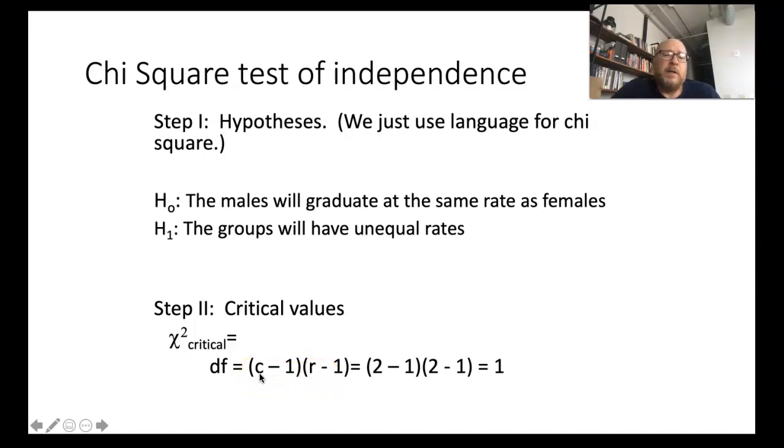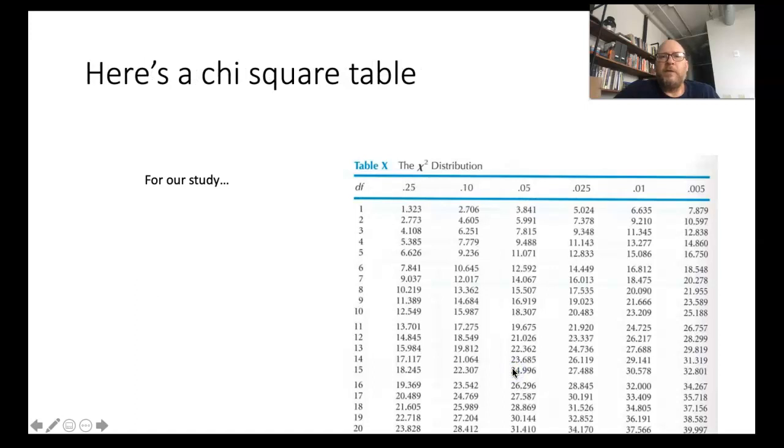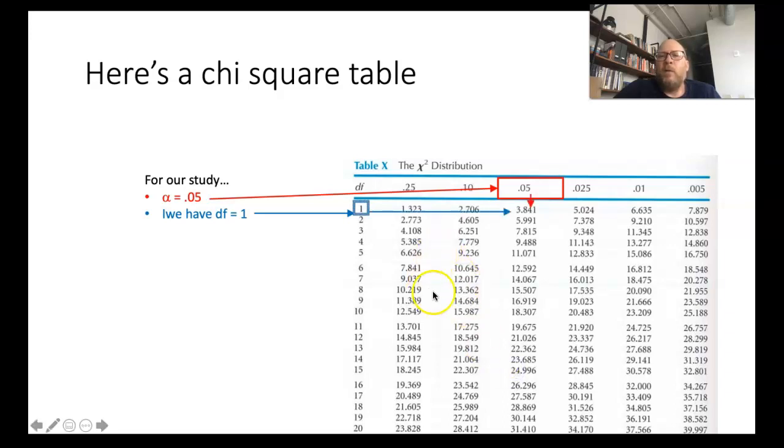Remember, I had males versus females. So right there, 2 minus 1. R's for rows. We had graduate or didn't graduate. So that's 2 minus 1. And 1 times 1 is 1. So our critical value here for 0.05 and 1 degree of freedom is 3.841.